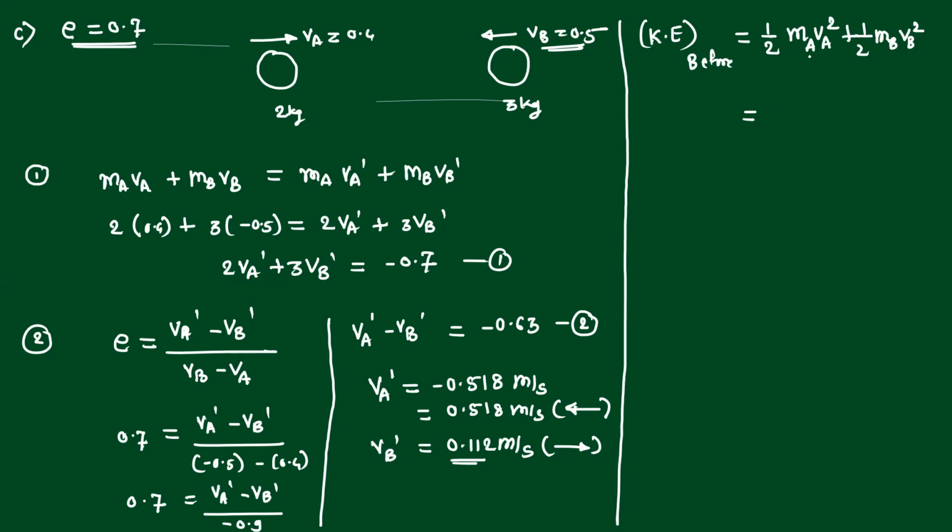So if you put the value of mass and velocity, mass is 2 kg, velocity is 0.4 square plus 1 by 2, 3 into 0.5 square. So the kinetic energy before impact is 0.535.